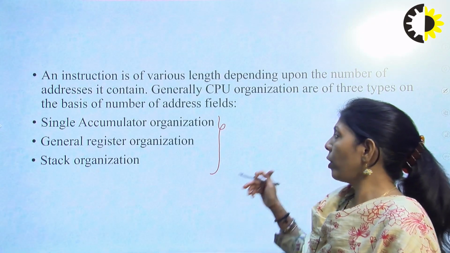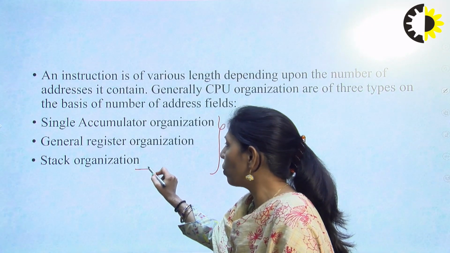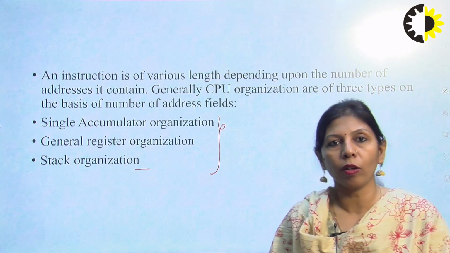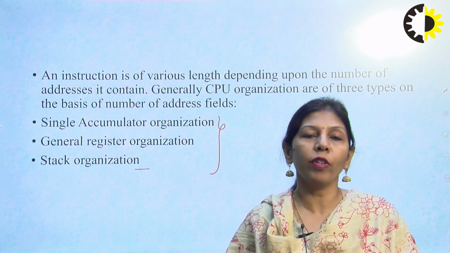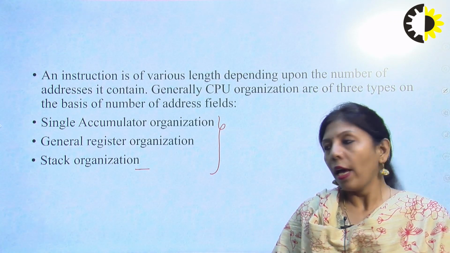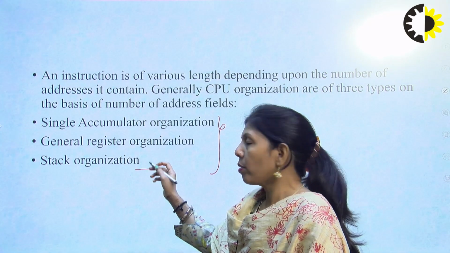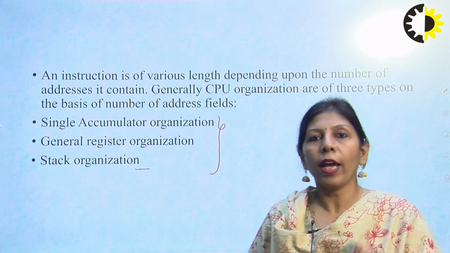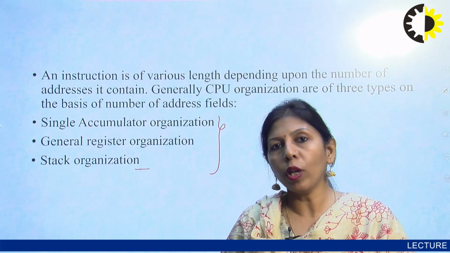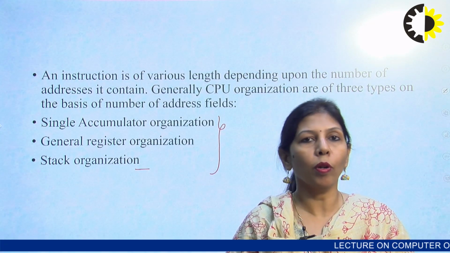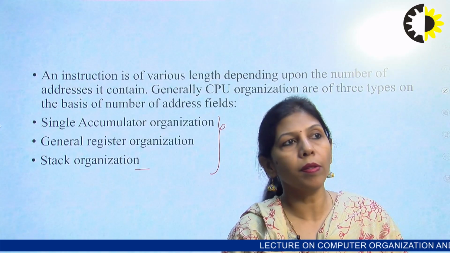And moreover, we can also use a simple data structure, the stack, which functions on last in, first out. That means a simple data structure helps us to execute our instructions by acting upon all the operands that lie inside the stack.